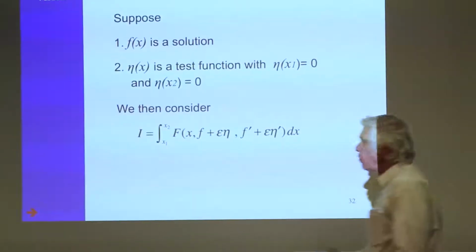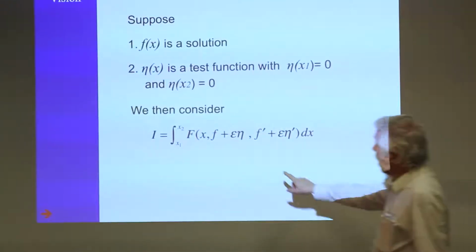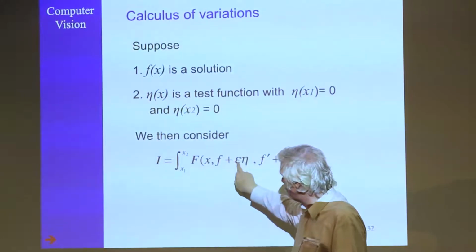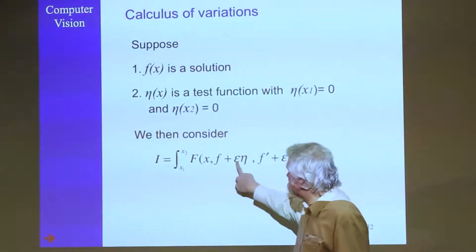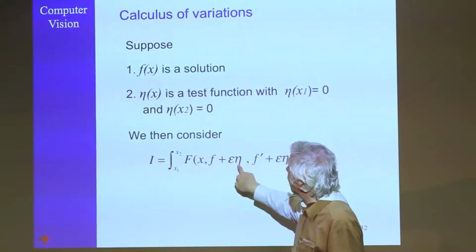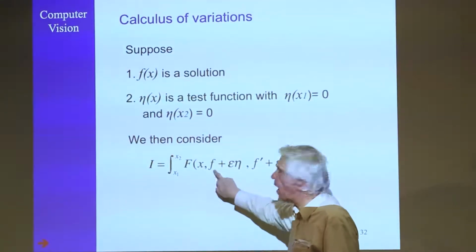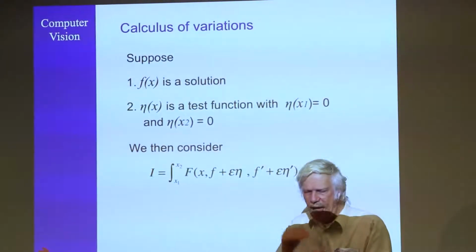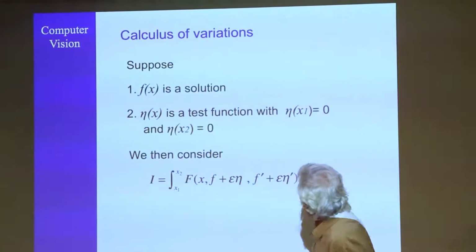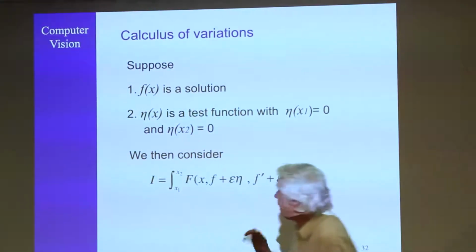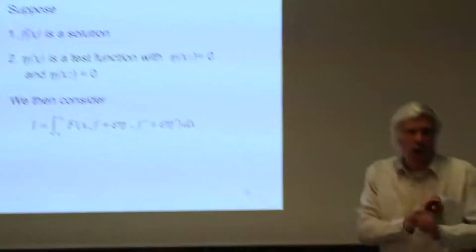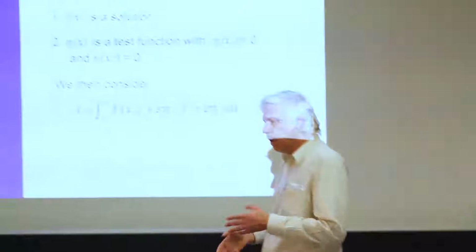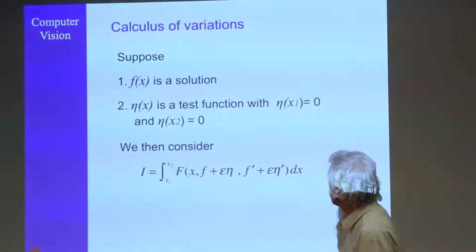Okay? And the reason is that we will apply this sum. So we'll add epsilon, a scalar, times this deviation, a function eta of x, to f. So we deviate from f, if you want, by epsilon eta. But if you have these two constraints here, the same boundary constraints as before still apply. So we're allowed to do that deviation in that sense. We'll still adhere to the boundary constraints.